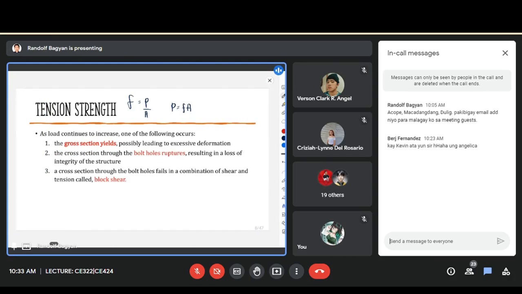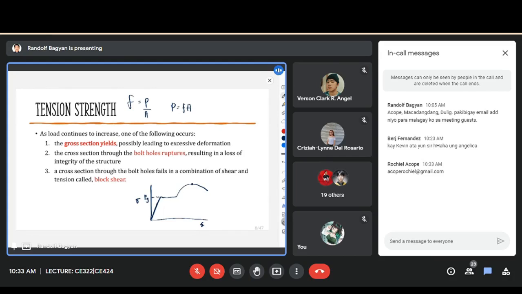Okay, so if you remember your stress-strain diagram, class, di ba? This is your strain and this is your stress. Right? So, paano yung ating figure? Linear siya hanggang sa proportional limit, and then you'll have ganyan siya, and then simplified. Ganyan, simplified lang, so that here the stress is basically equal to Fy.